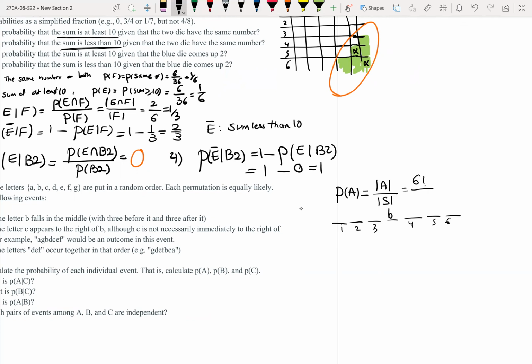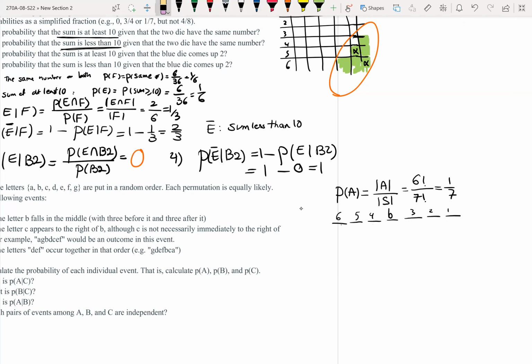In the first place you have 6 letters available, in the second you have 5, for the next one 4, then 3, 2 and 1. So that's the total of 6 factorial cases with B fixed in the middle, and your total sample space is 7 factorial. That's how you get 1 out of 7.